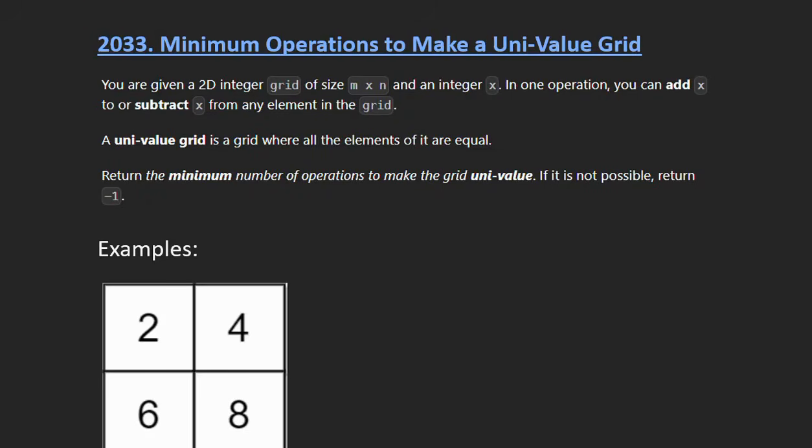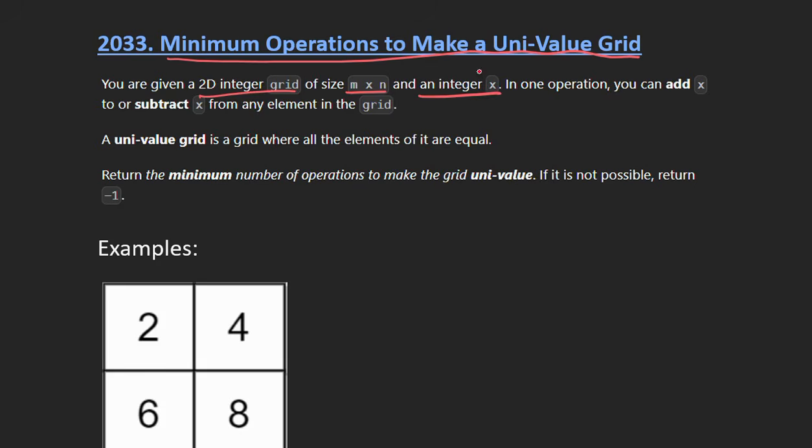Our today's LeetCode question is 2033, minimum operations to make a uni-value grid. Basically in this question we are given a 2D integer grid whose size is m cross n, and we are also given an integer x. In one operation we can either add x or subtract x from any element in the grid.